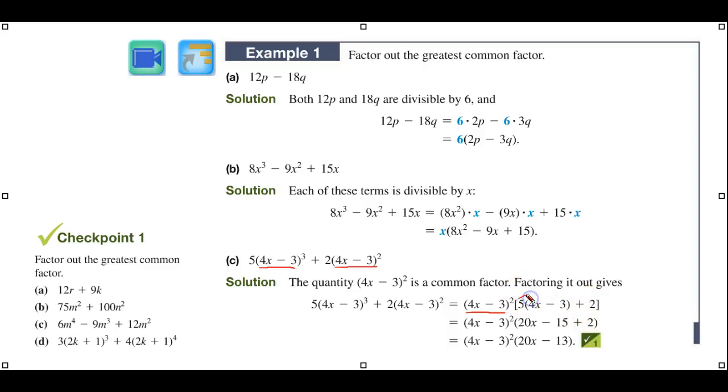So we would distribute and then later combine common terms, like terms, and our final answer is what we have down here. This one's a little more challenging.